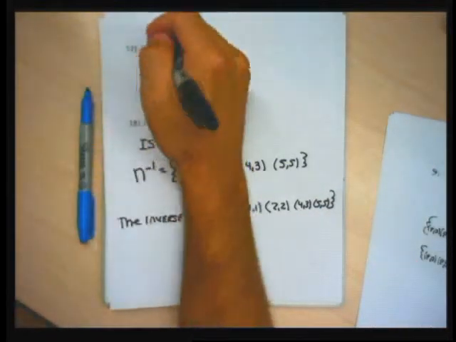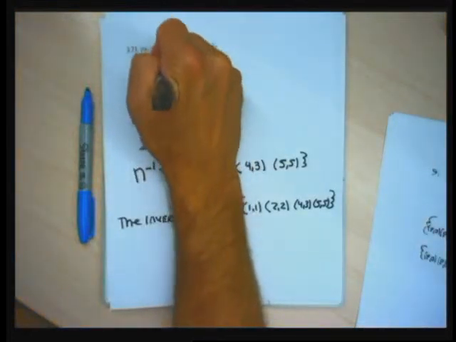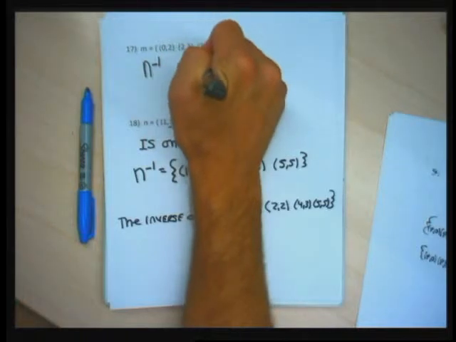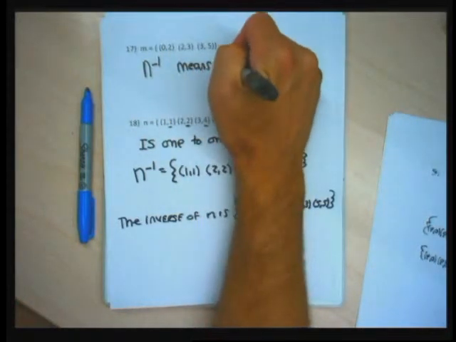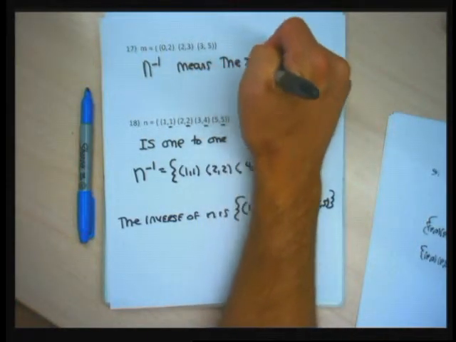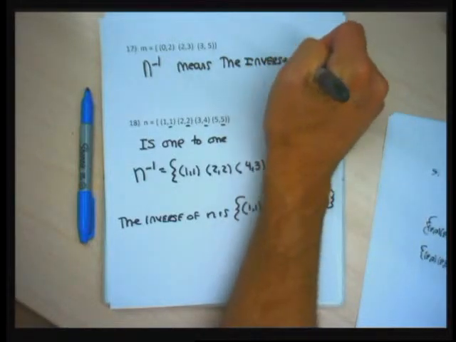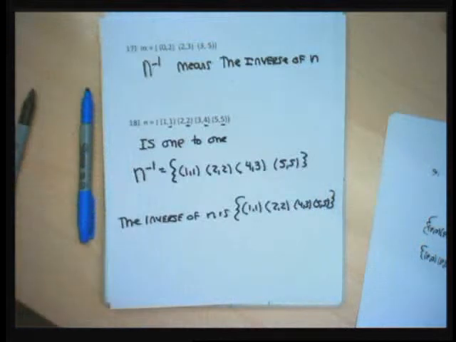So this symbol, n with a negative 1 exponent, is shorthand for the inverse of n. So immediately when I see a function name with a -1 exponent, I don't think fraction, I think the words the inverse of and then whatever the function name is.